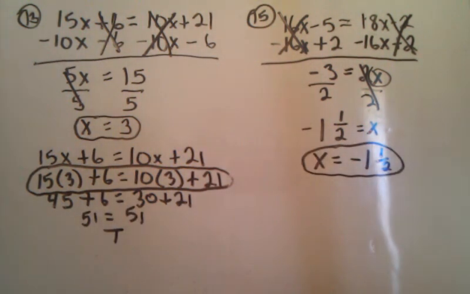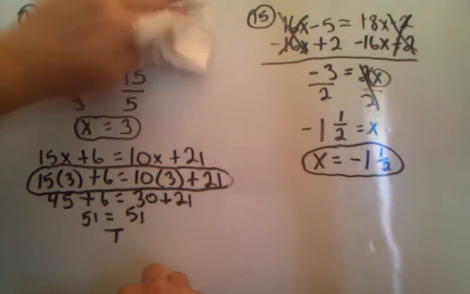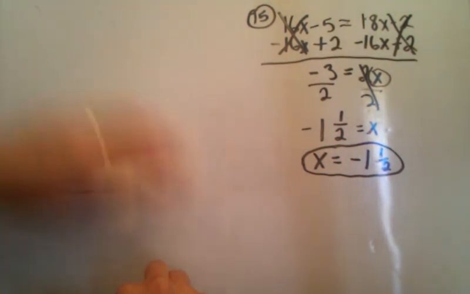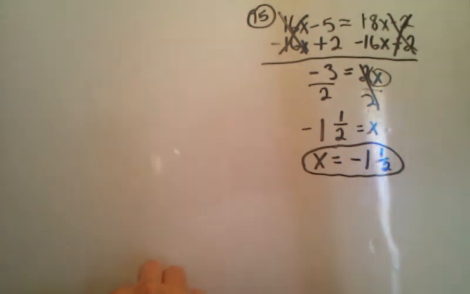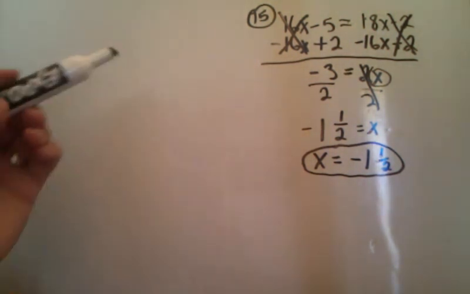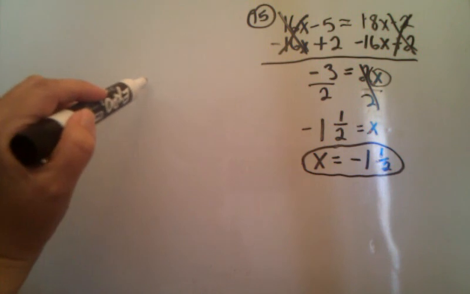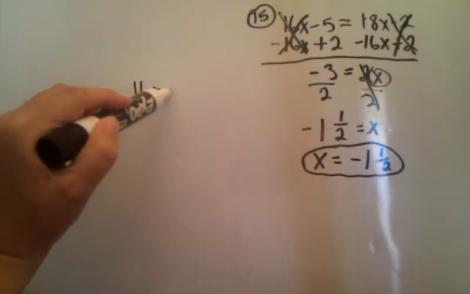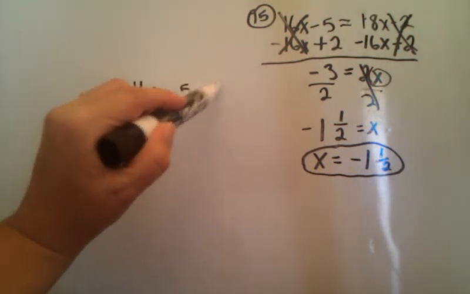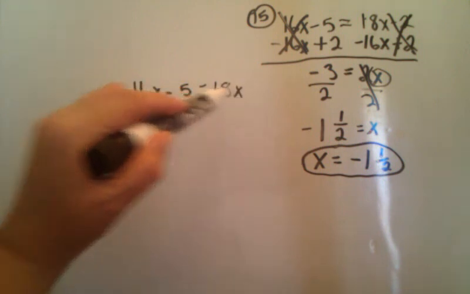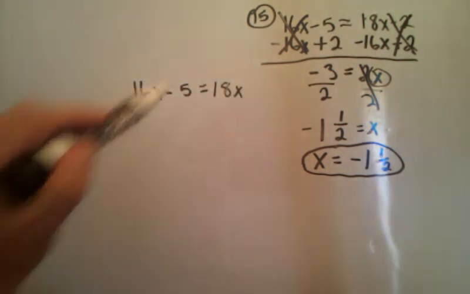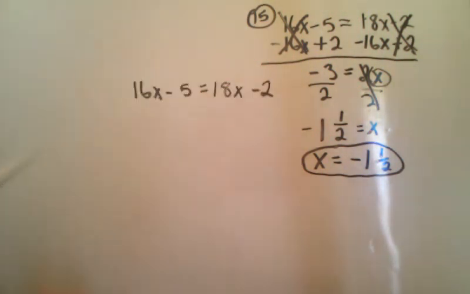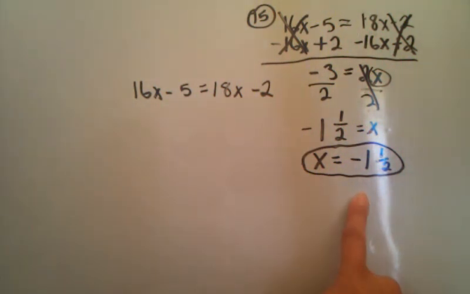Now let's check it. I'm going to erase this so I can check it. We have 16x minus 5 equals 18x minus 2. So to check it, I put negative 1.5 where the x is.